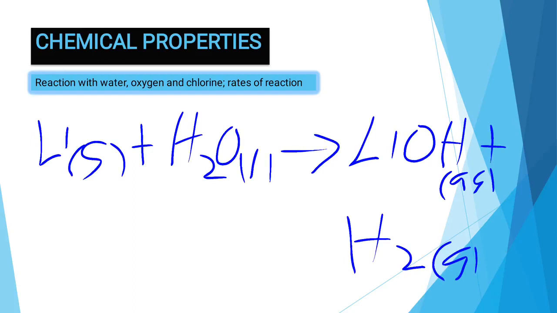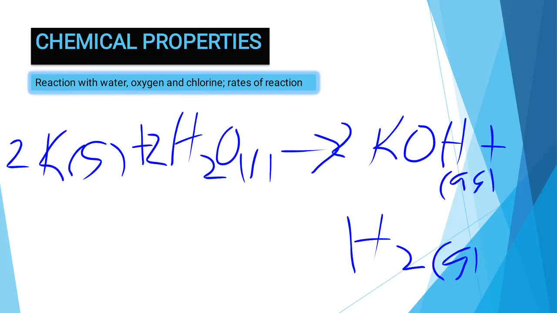In the same case, we are going to write the equation for potassium. The equation is balanced just like we balanced the other one. Now to write the equation for potassium with water, you just need to replace lithium with potassium. And we will have potassium plus water giving us potassium hydroxide plus hydrogen gas.